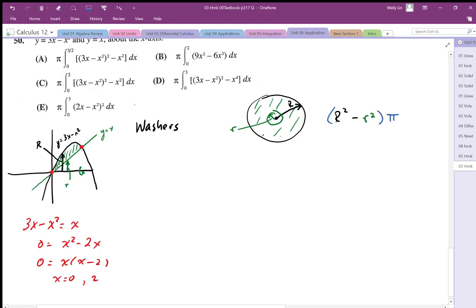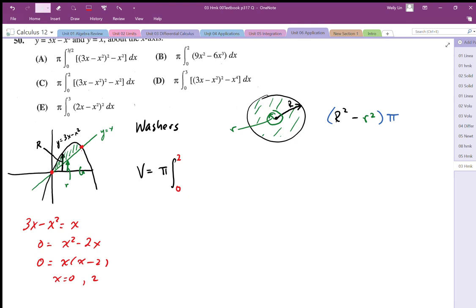So setting up my integral then, my integral looks like this. The volume of the rotation is going to be, I'm going to factor the pi out, with my bounds from 0 to 2, and I'm going to use dx slices.